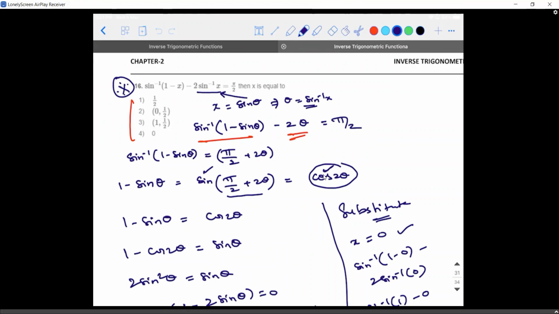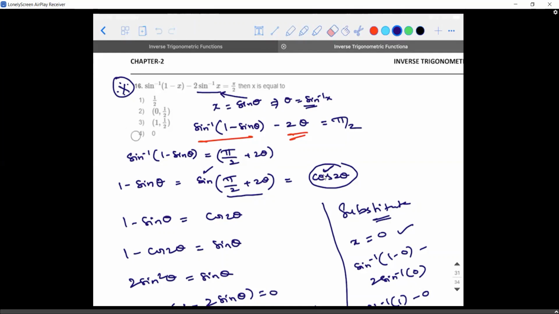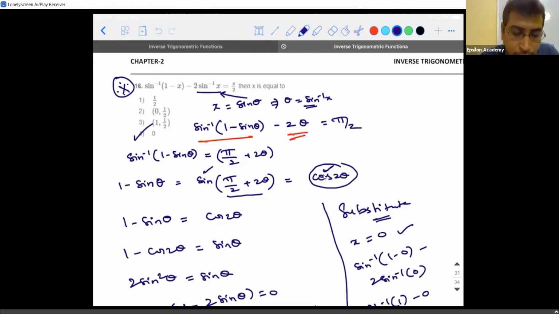You will get minus 5 by 6. So x is equal to half will not satisfy. So what is the only option? 0. That is the only option. So be careful.